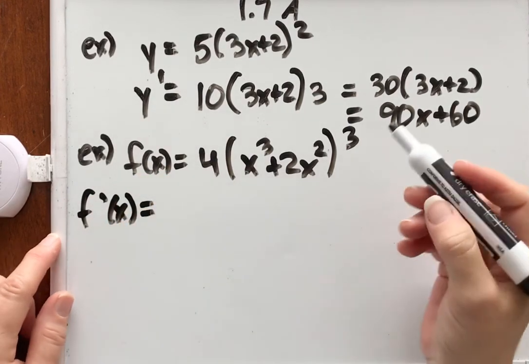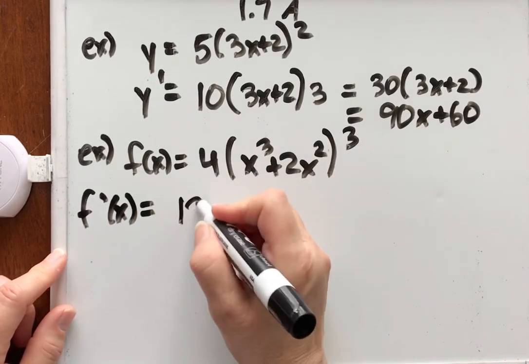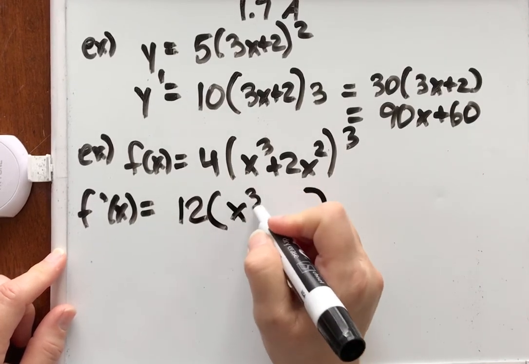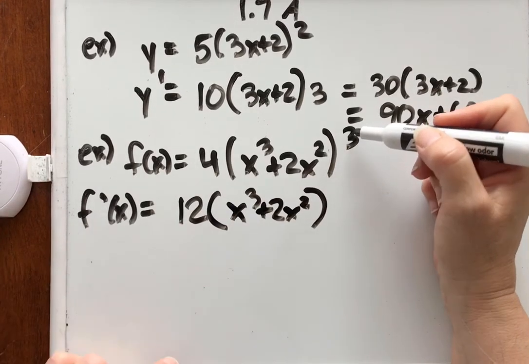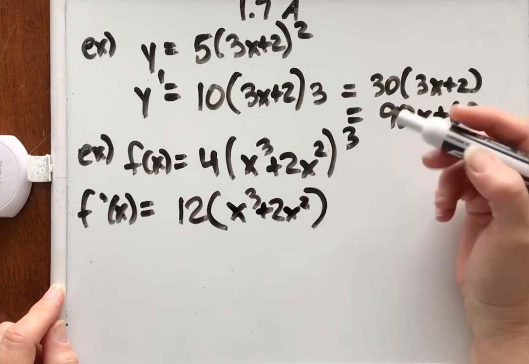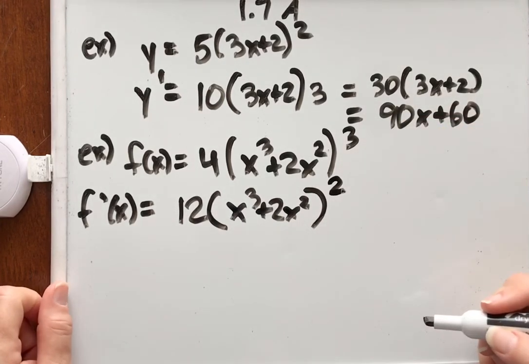First thing we do is like what we normally did. 3 times 4 is 12. We're going to rewrite this. But remember, if we multiply 3 times 4 is 12, we have to take away 1. 3 minus 1 is 2. So don't forget that exponent. You have to minus 1.